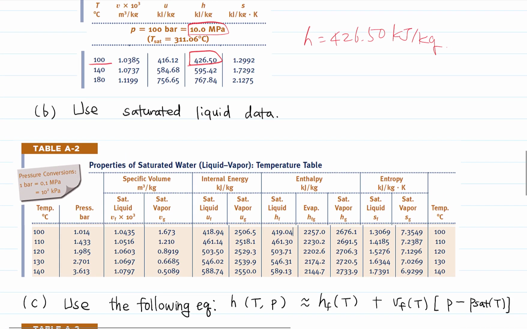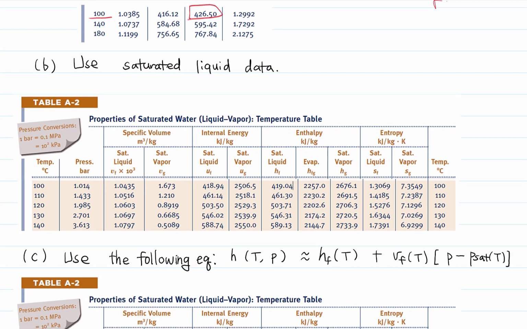The second method, use saturated liquid data. So the enthalpy in the compressed liquid state will be approximated by the saturated liquid state. Table 8.2 shows the saturated water tables.